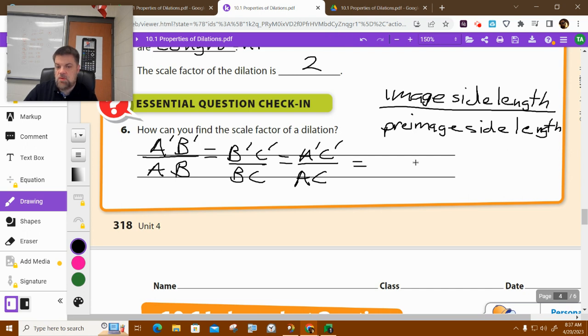And so this will equal the scale factor.